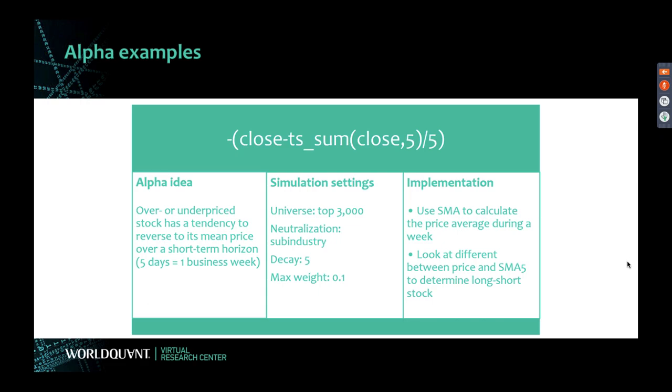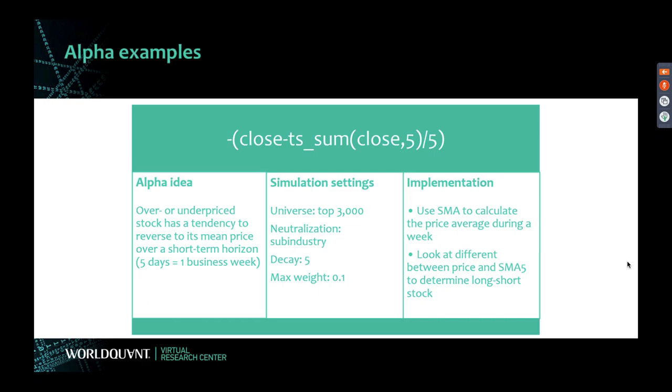You look at the closing price and the average closing price of the last 5 days or the last week, and if today your price is above the average, so close will be larger than the average of the last 5 days, whatever is in parentheses will be positive. So the whole thing will be negative, so you most likely will short those stocks. The ones where the price went up, you will short.